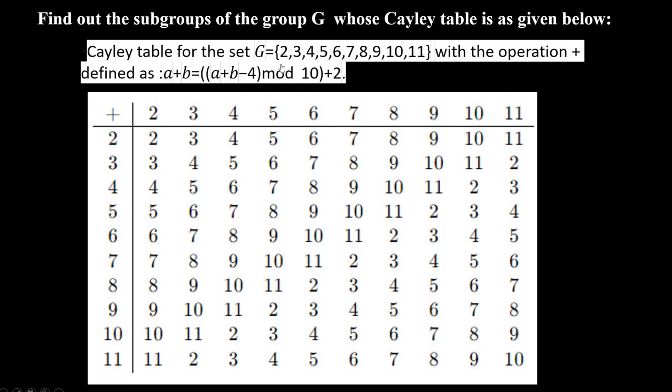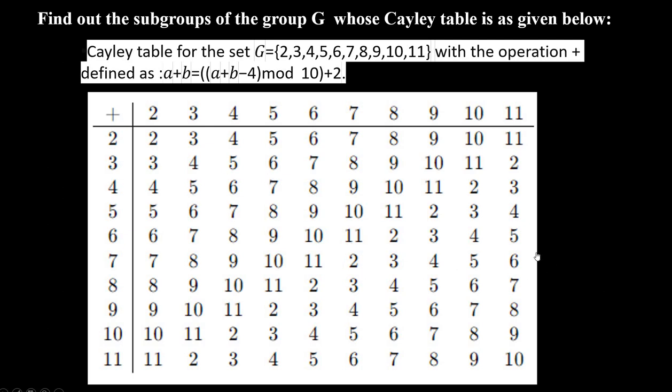You compute this. After that, you add the resultant with 2. That is how we apply the operation on G. When we consider the Cayley table, it will look like this. Now in this, you can easily see that it is an abelian group.